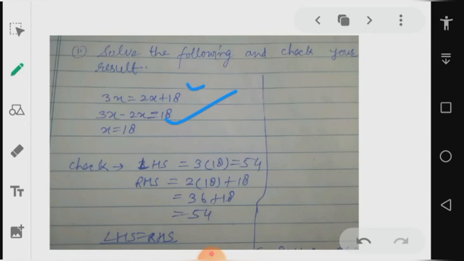In this example you can see in the second line, 3x minus 2x on LHS. In the first line both are separated, but in the second line both are collected together on LHS, because we want to solve this and know the value of x.